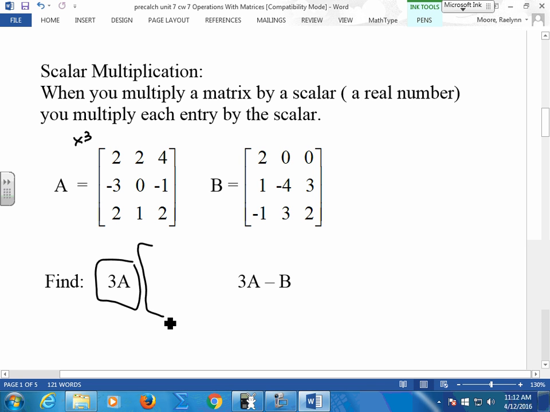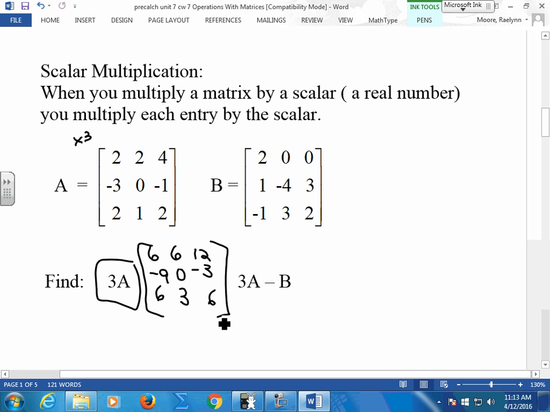So it would just come out, multiply 2 times 3, 6. 2 times 3, 6. 4 times 3, 12. Negative 3 times 3, negative 9. 0 times 3, 0. Negative 1 times 3, negative 3. 2 times 3, 1 times 3, 2 times 3.